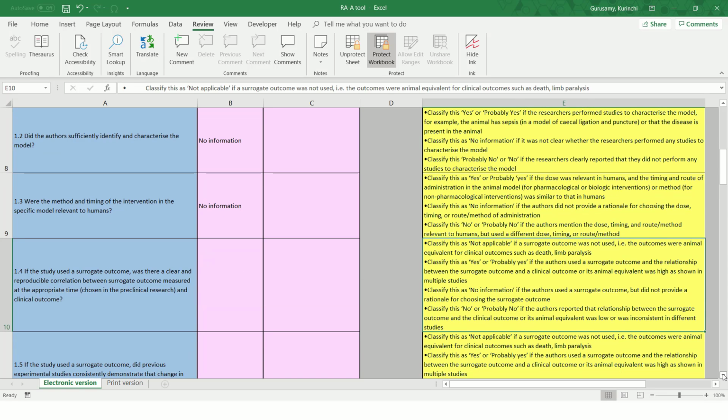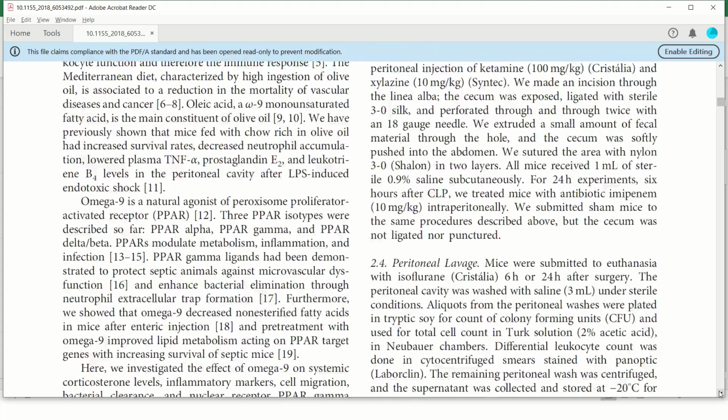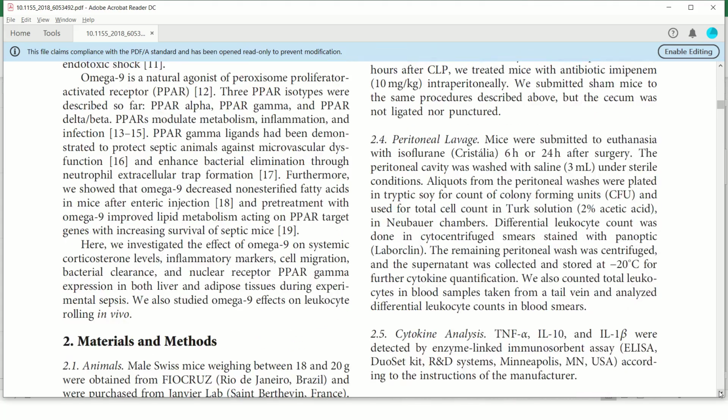The next is if the study used a surrogate outcome, did they actually use a surrogate outcome or not? First thing is they did, because they were talking about sepsis survival after sepsis, this omega 9 protecting against, I mean, improving survival on septic mice, but they euthanized it.